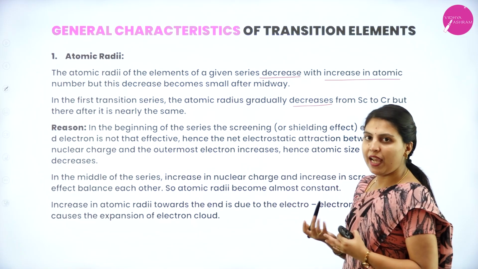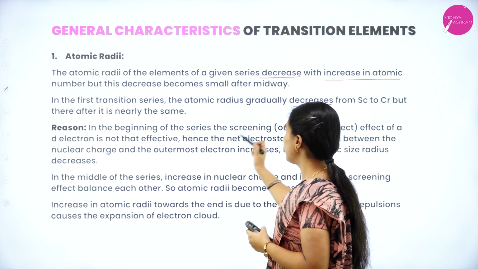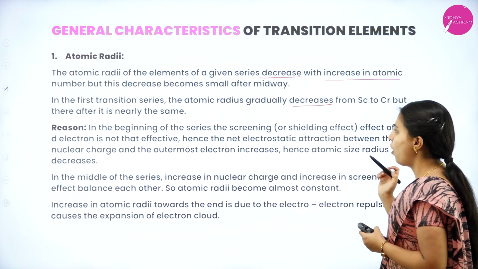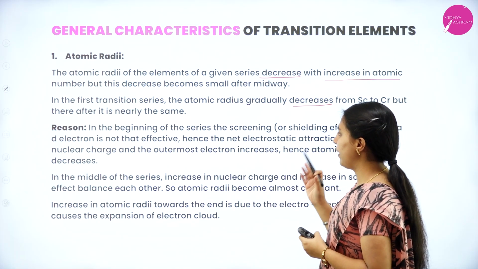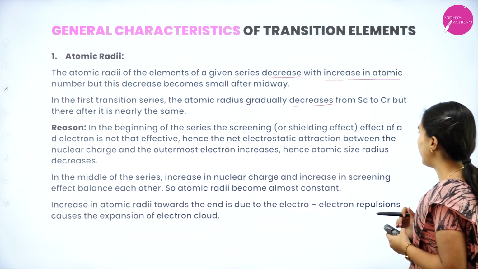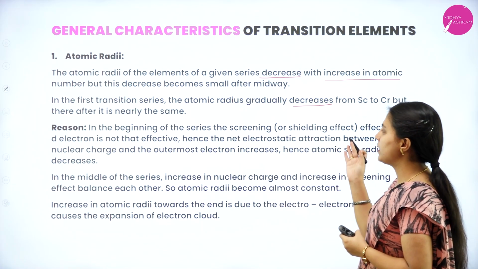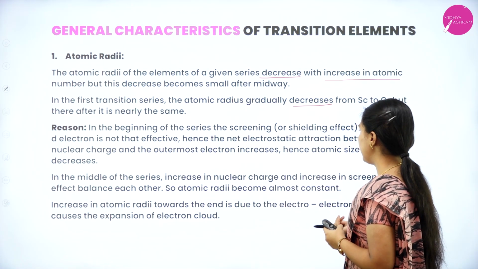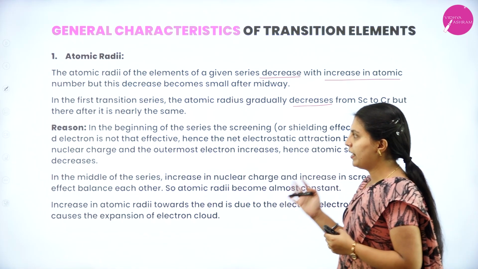Next, why does it happen like that? In the beginning of the series, the screening or shielding effect of a d electron is not that effective. Hence, the net electrostatic attraction between the nuclear charge and the outermost electron increases. Hence, the atomic radius decreases.